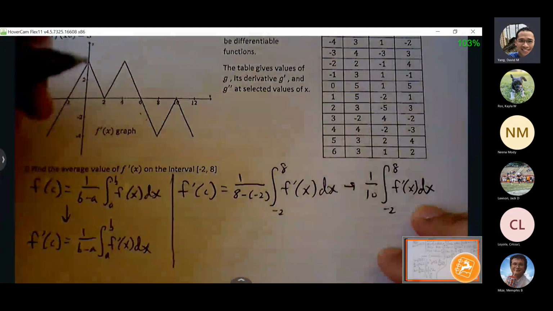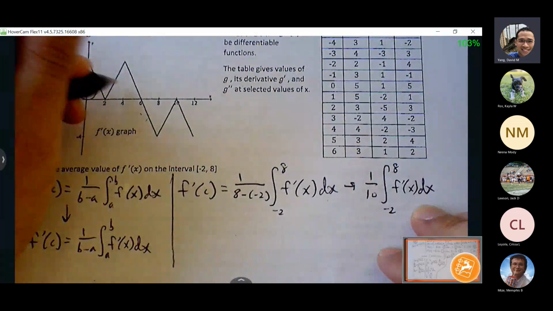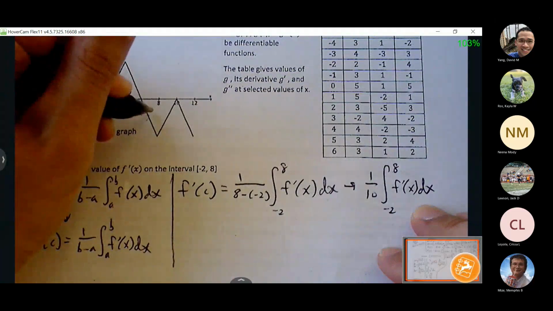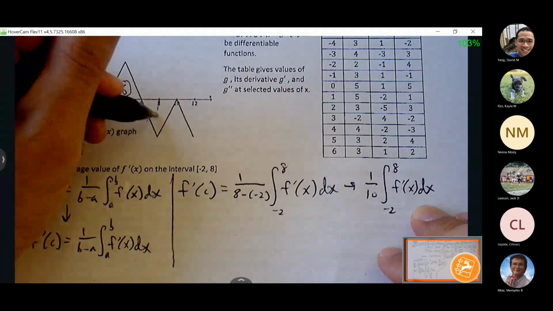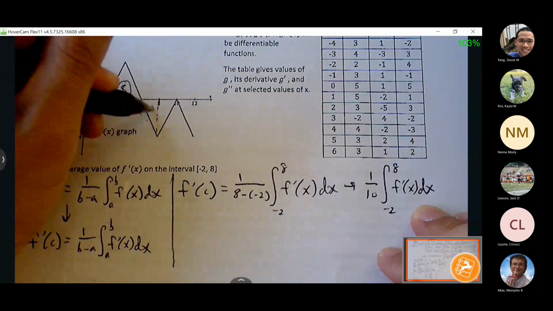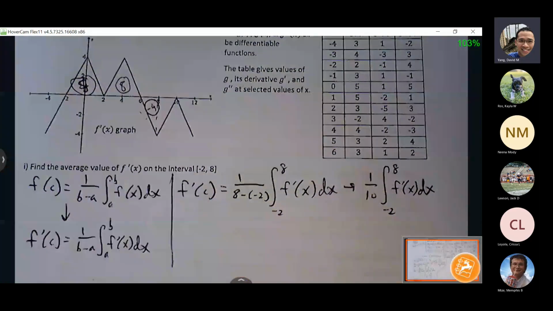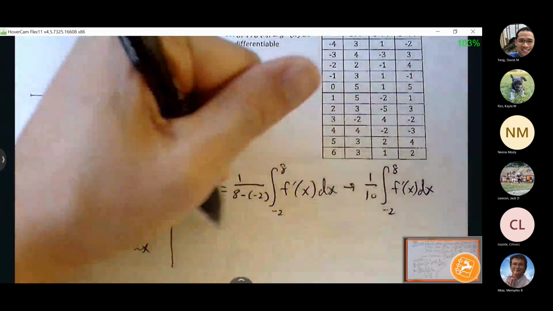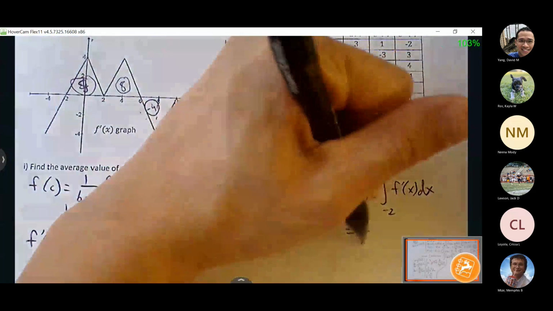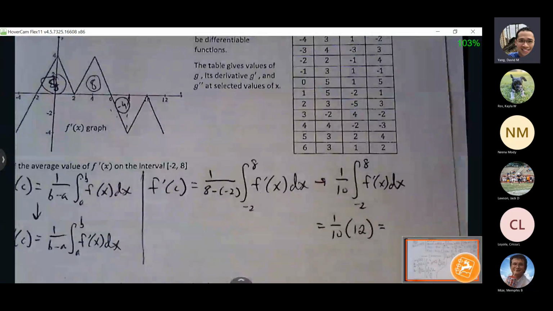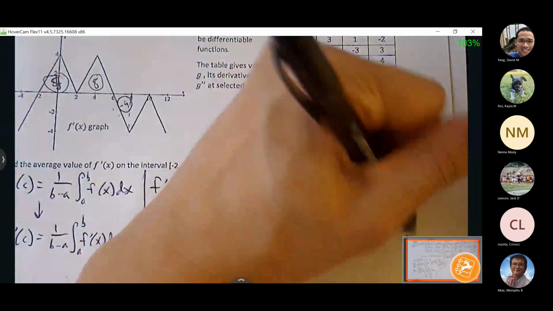From -2 to 8, we know all this is areas of 8. So 16 minus 4 is 12. So 12 over 10 reduced to be 6/5.